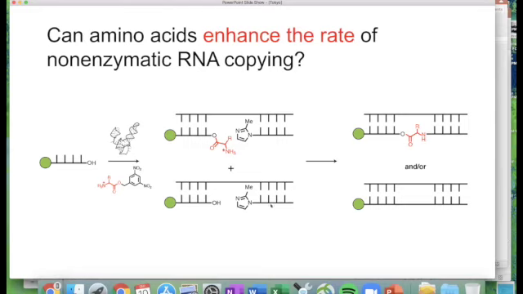Ligation differs from primer extension in that the imidazolium dinucleotide that binds the primer template duplex in primer extension is replaced by a longer oligo activated with methylimidazole, shown here. For ligation reactions, the reaction with native RNA is so slow that hydrolysis of the activated ligator competes with the reaction, leading to low yields of product.